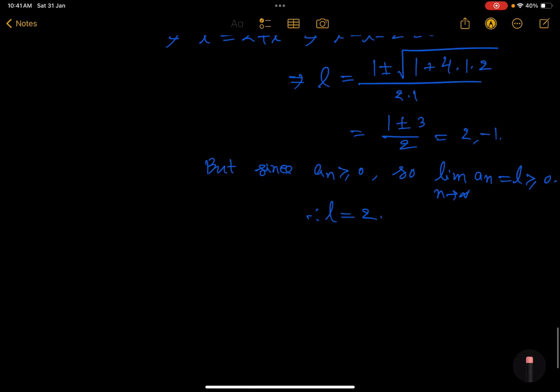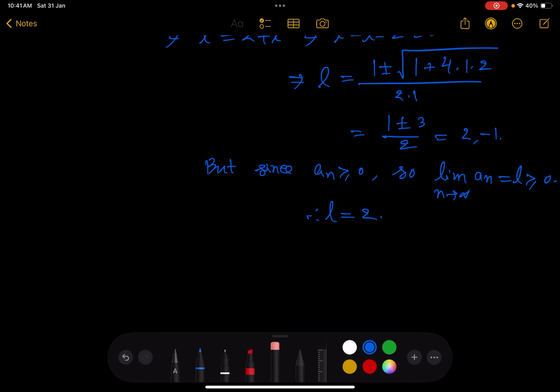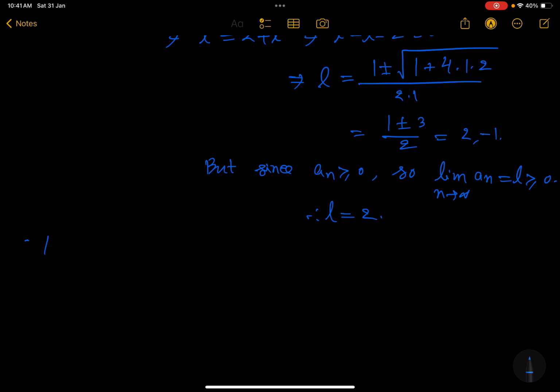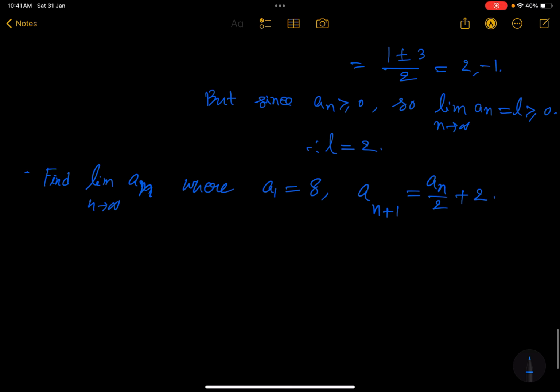The second one is to find the limit as n goes to infinity of a_n, where a1 equals 8 and a_{n+1} equals a_n by 2 plus 2.